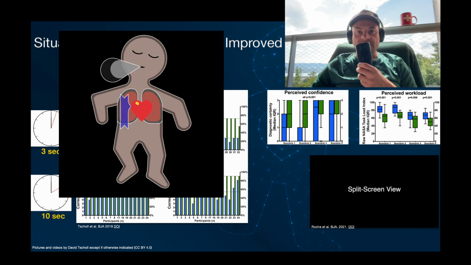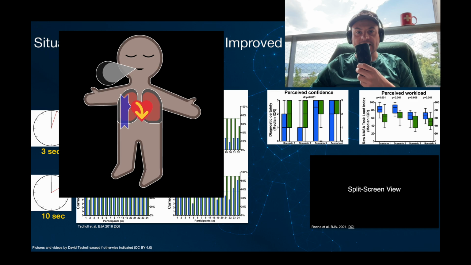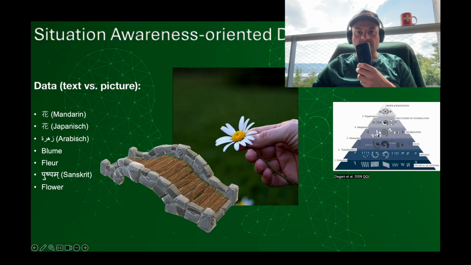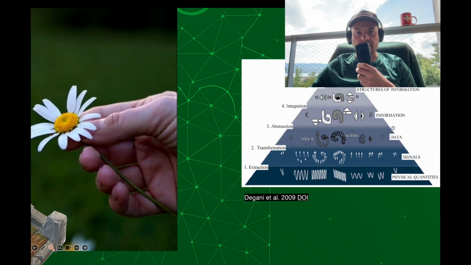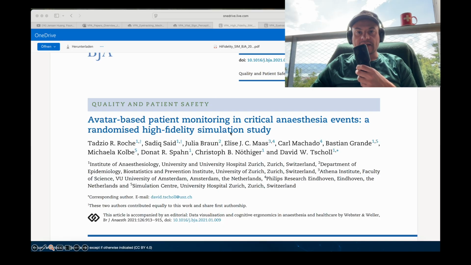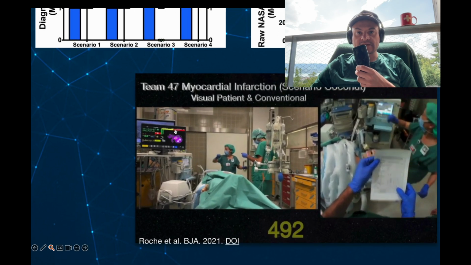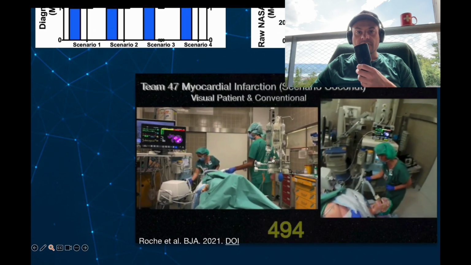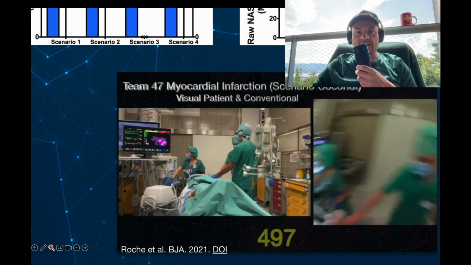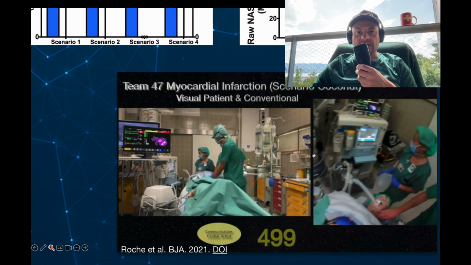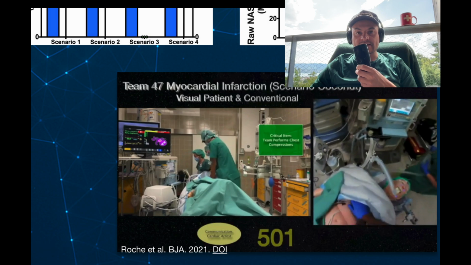The reason for this is that the avatar presents the information of multiple vital signs in its form, frequency and color, and it also uses direct information representation, which does not require further decoding in the minds of the participants. In a later high-fidelity simulation study, we also found that the avatar improved situation awareness level 2 because care providers more quickly identified the cause of the underlying emergencies in these simulations.